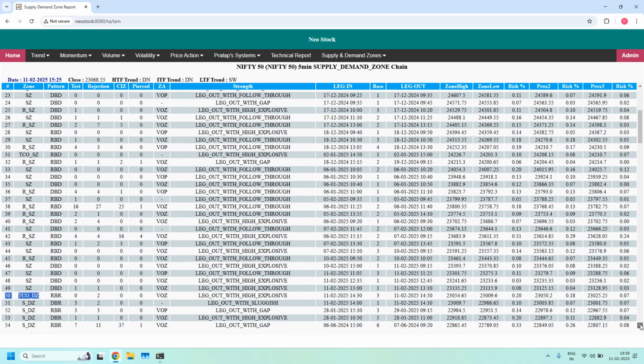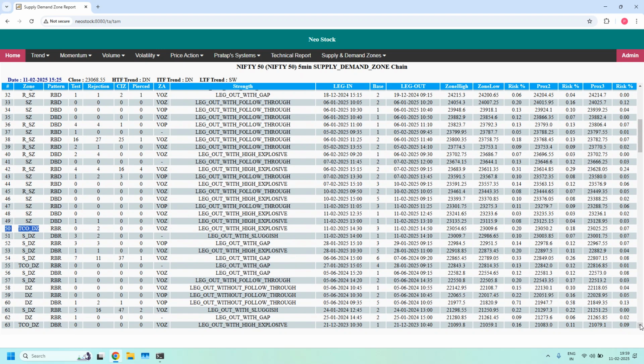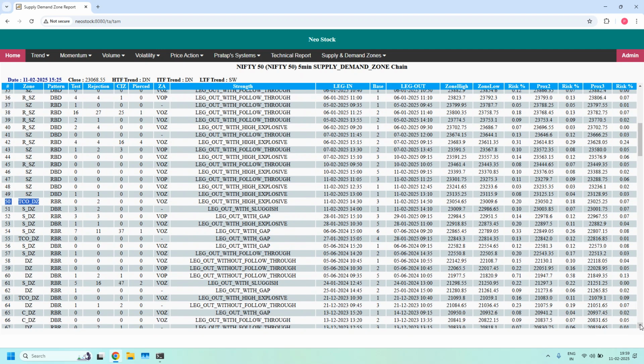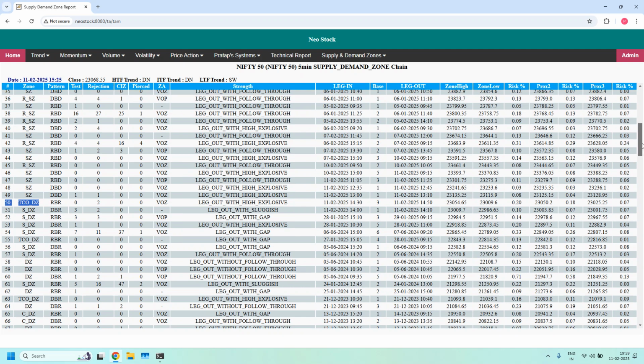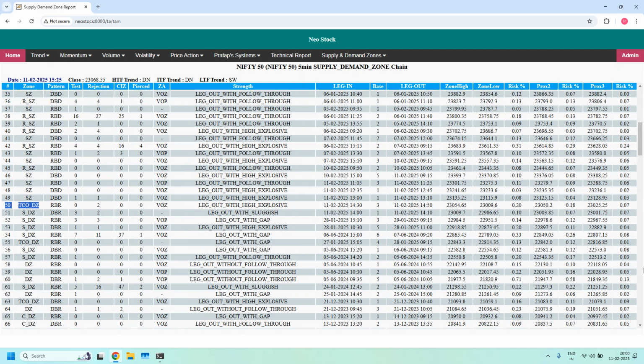Let me put it in the center so that you know equal number of demand and supply zones below and above. So this is about the Nifty supply demand zone chain.